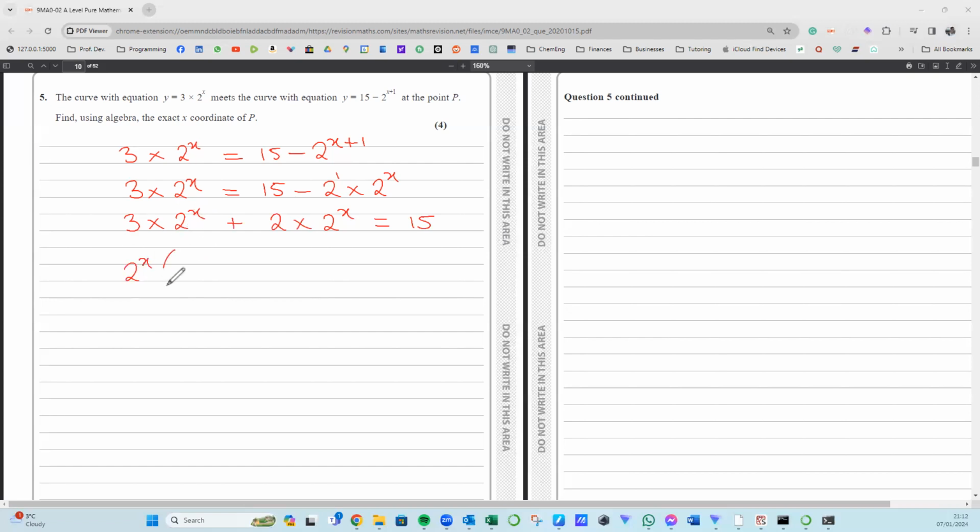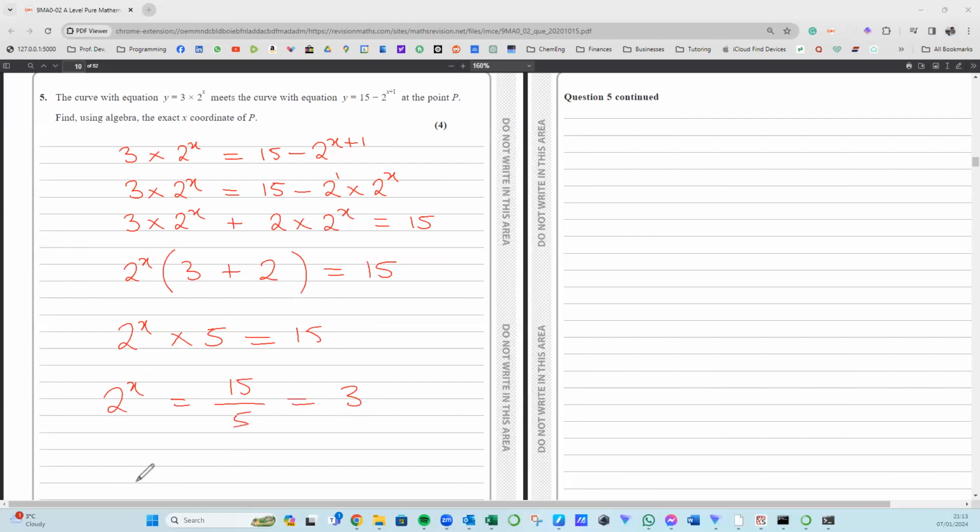So 2 to the x, and then we multiply by 3 to get 3 times 2 to the x, and by 2 to get 2 times 2 to the x. And that's going to equal 15. Then we can say 2 to the x times 5 is equal to 15, and then 2 to the x is equal to 15 over 5, which is going to be equal to 3.